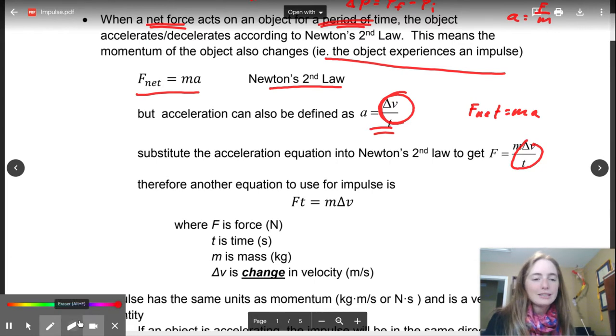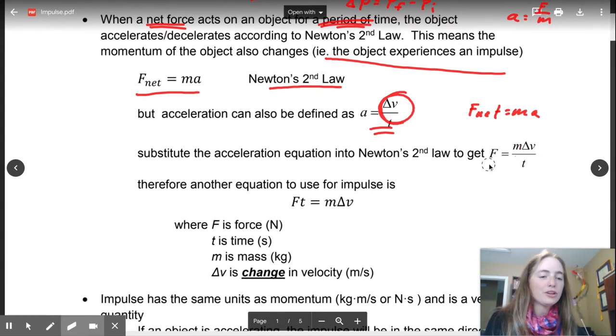We get this equation here. So the net force is going to equal your mass times delta v over time. When we multiply time over, we wind up with this equation. Force times time is equal to mass times delta v. That is your equation for impulse.